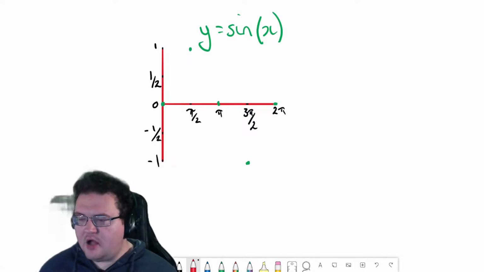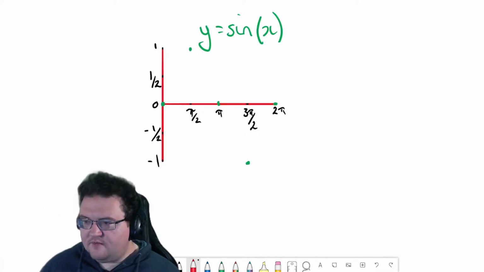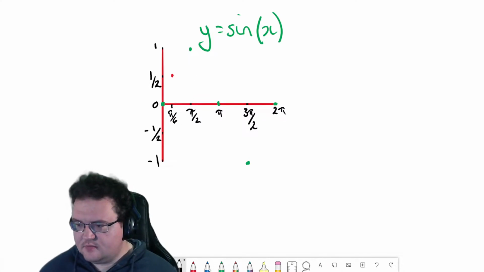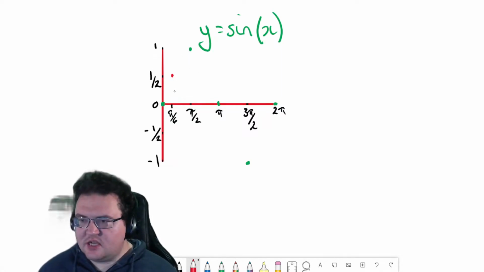So, pi on 6, if this is pi on 2, then we want to go about a third of the way there. So here is approximately going to be pi on 6. And where else is it going to be pi on 6?